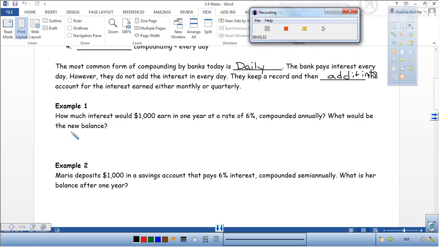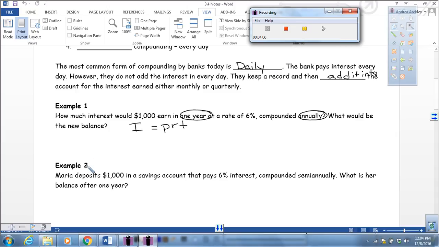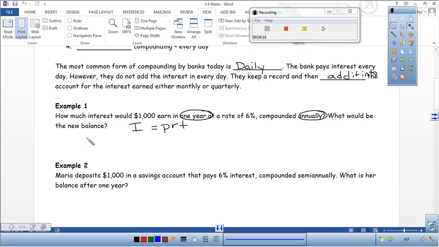So we need to know how to find compounded interest. Okay, how much interest would $1,000 earn? Jacob, what's my principal here? $1,000.